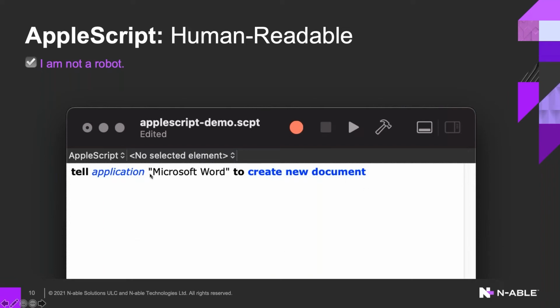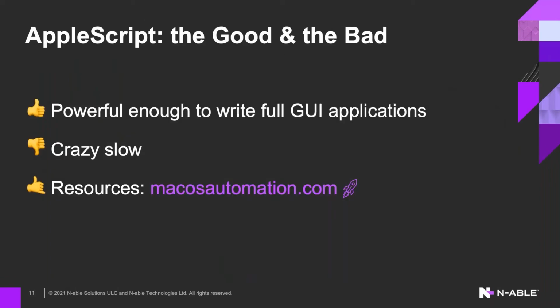When I ran that, the application called Microsoft Word on my Mac here would create a new document, Document 1, and open up a window for me to edit it. Very human readable, very accessible, and having hooks into the operating system being made by Apple, you can even write full-fledged applications in it.